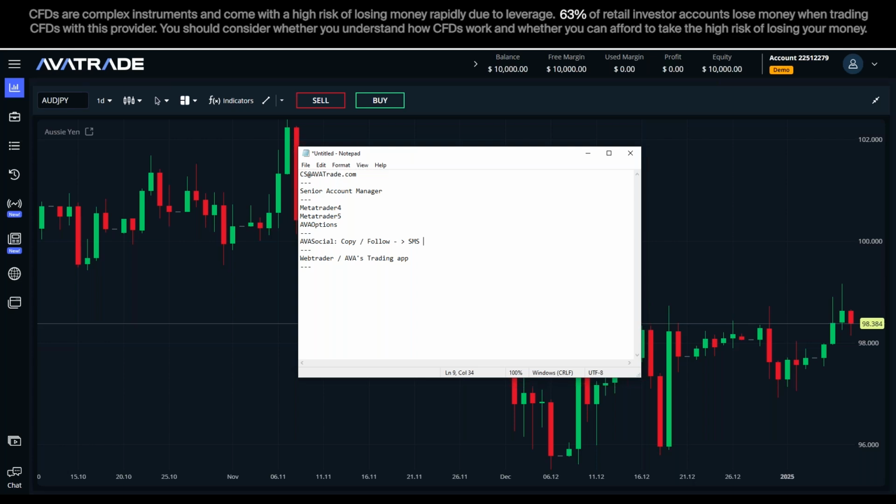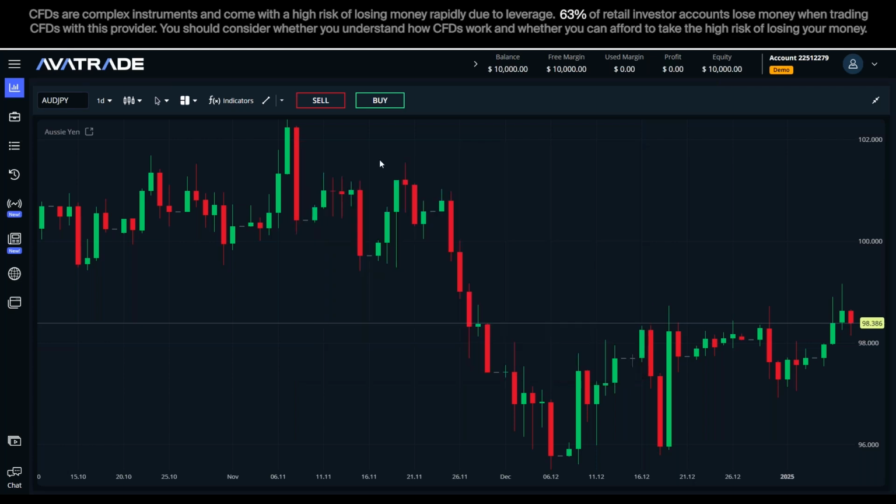There will be no positions opened. If I copy another trader, then I will also get the SMS, but the positions will be running automatically. Okay, so I will repeat that quickly. Follow means that I'm going to get messages and it's up to me to either execute that similarly or not. Copy means that my account will behave as if the trader that I'm copying is trading exactly the same way.